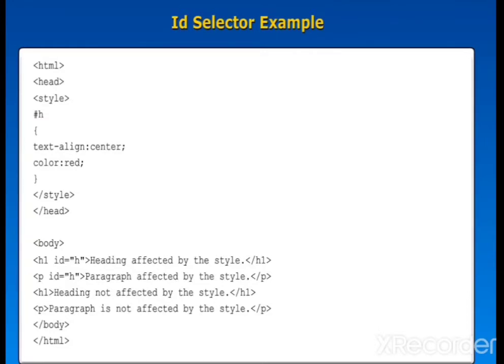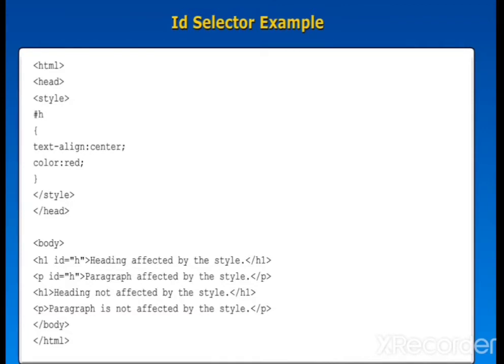After that, we opened the body tag. In that body tag, we mention the text by using h1 and paragraph tag. In the h1 tag, we implement the id selector. For implementing the id selector, we have to follow this syntax: id equals id name.